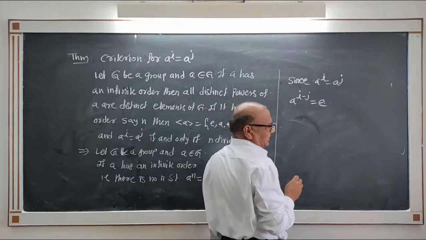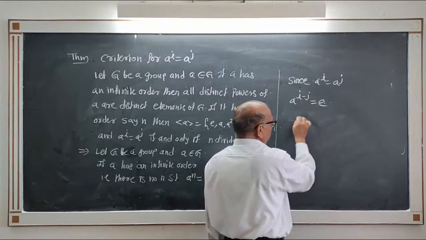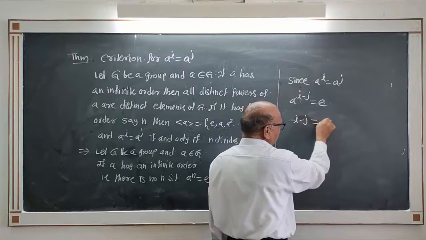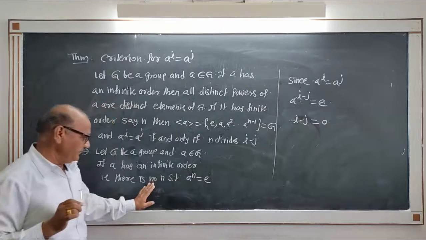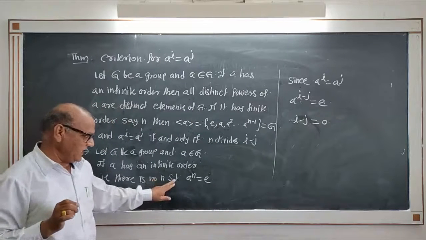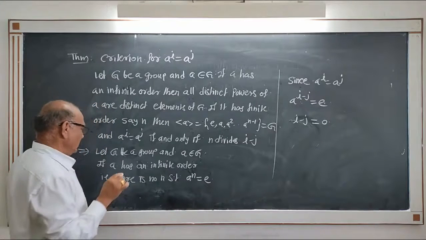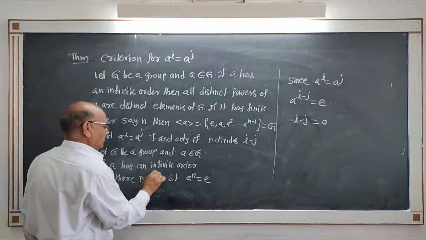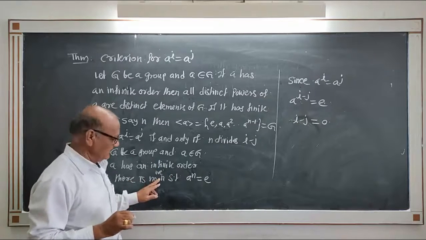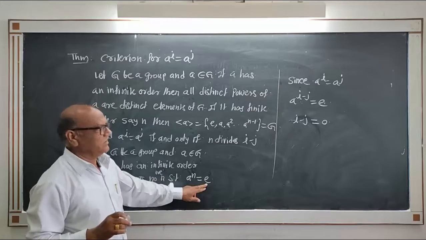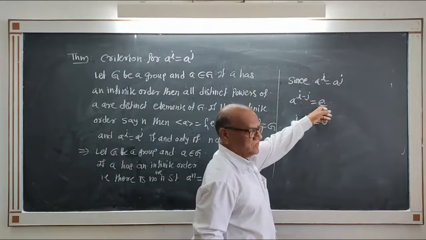That means i minus j must be equal to 0, because there is no positive integer n such that a raised to n is equal to e.